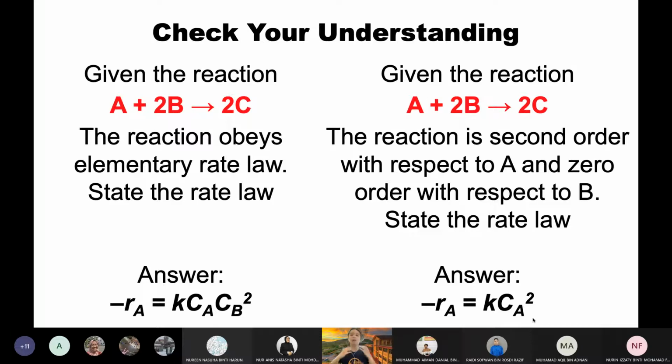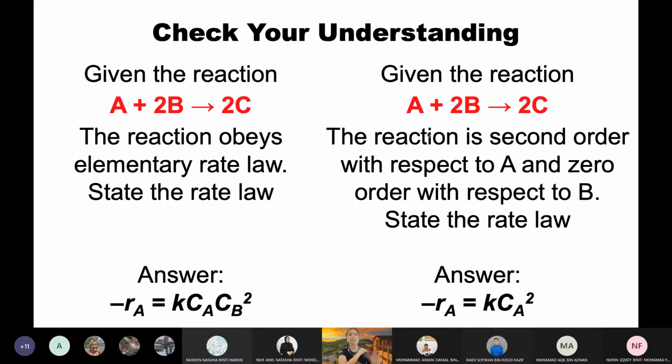Although in one reaction you have several mechanisms. Contohnya mungkin dalam case ini, okay, let us deduce, walaupun tindak balas dia di antara A dengan 2B untuk menghasilkan 2C, but perhaps in the mechanism, what happen is the A kena bergabung dulu. The A has to combine first, then only can react with the B, something like that.